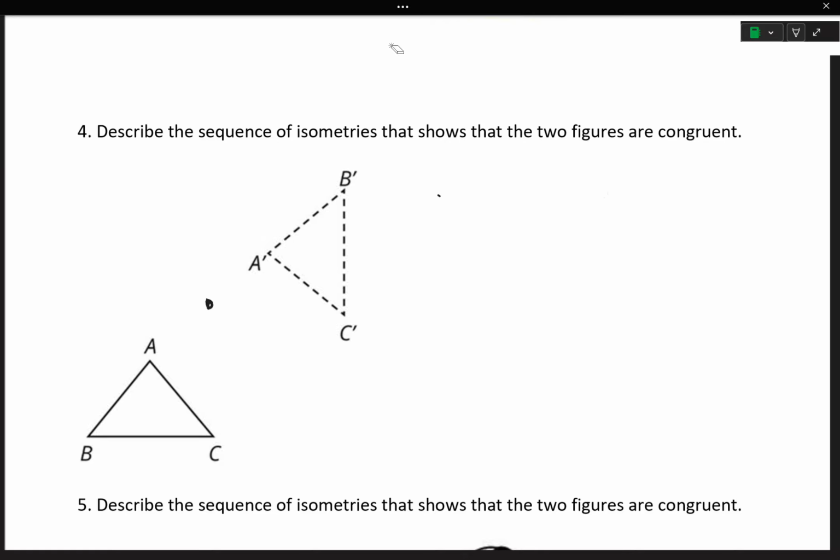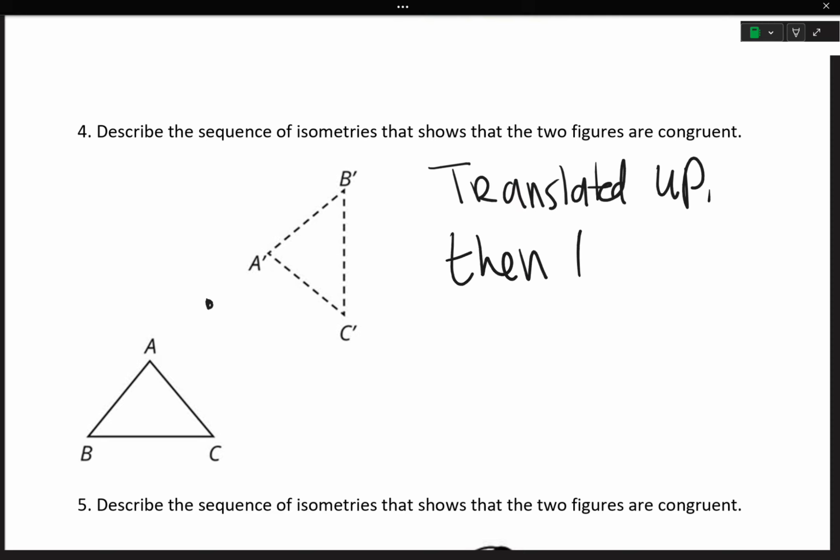Okay, Gumin. I know what I originally planned. First, it moved up and then it reflected. Let's do that. Yep. So, translated up, then reflected. Right, so our triangle would be here, and then we.